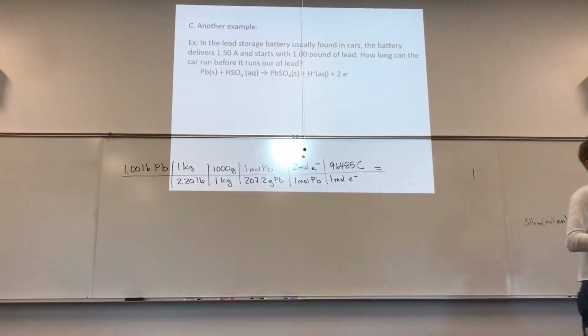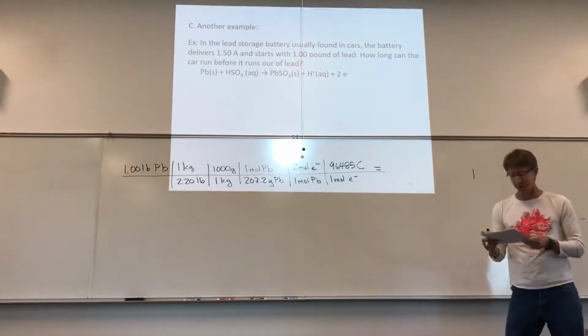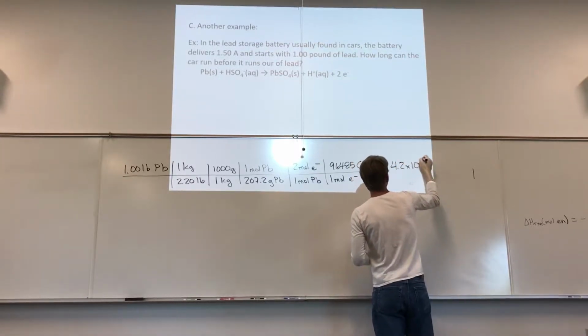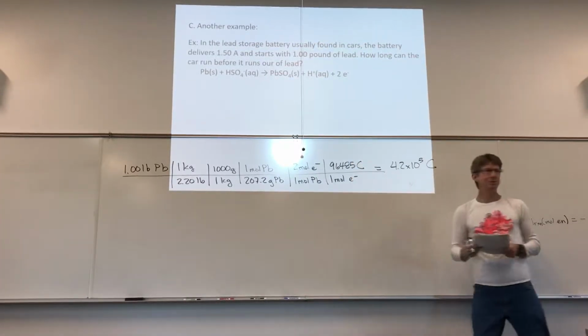That will give us a number of coulombs. As you might guess, with that many unit conversion problems, that many units to cancel out, I'm a little excited about these prospects. I love canceling my units. But what we get there is 4.2 times 10 to the 5th coulombs.